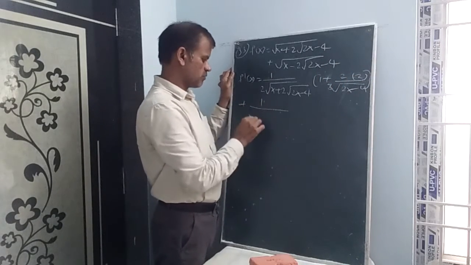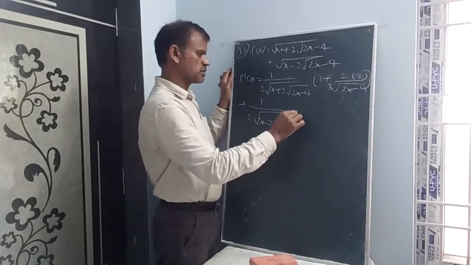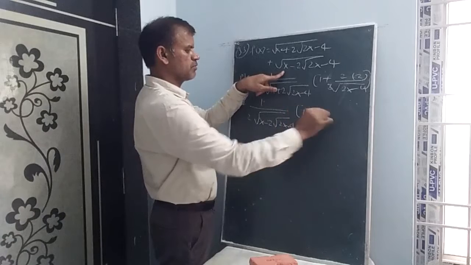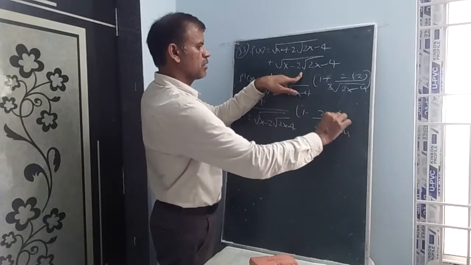Plus, in the same way, 1 by 2 root of x minus 2 root of 2x minus 4, into the derivative 1 minus 2 by 2 root 2x minus 4, into 2.